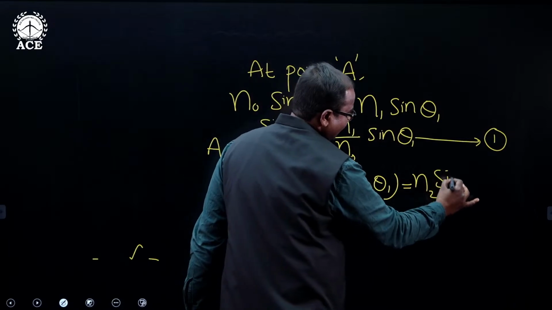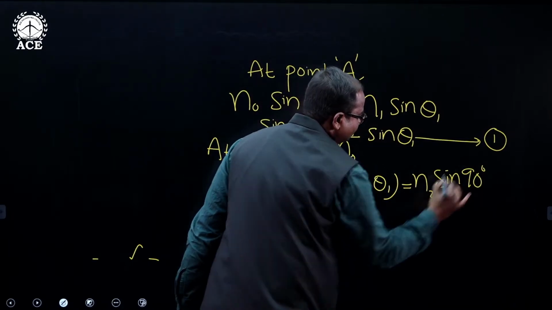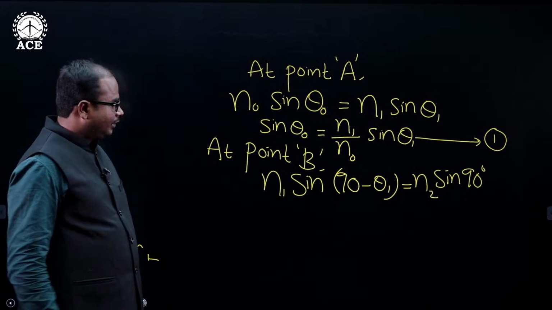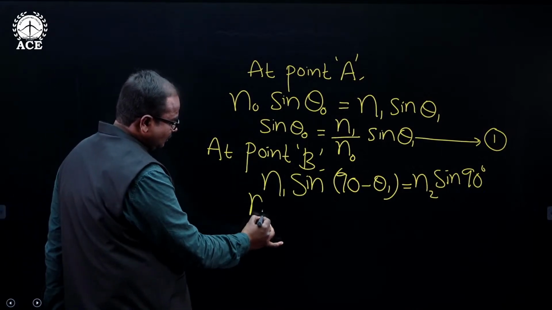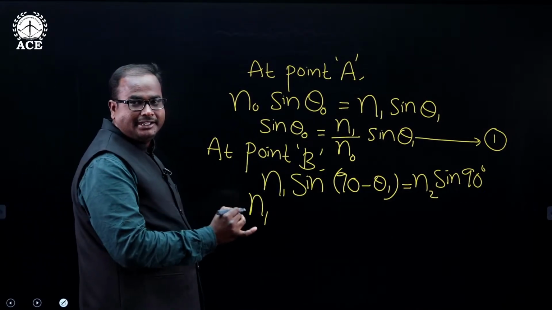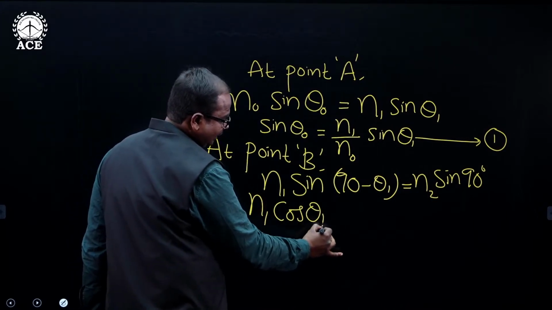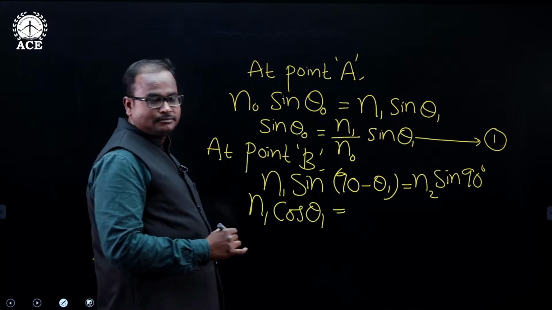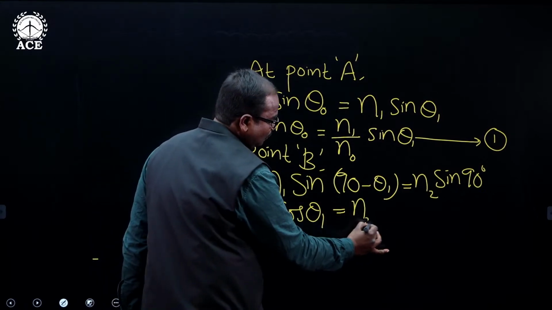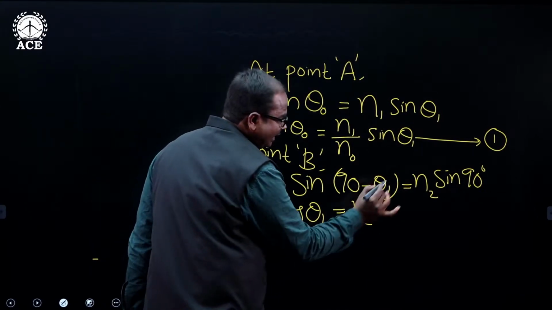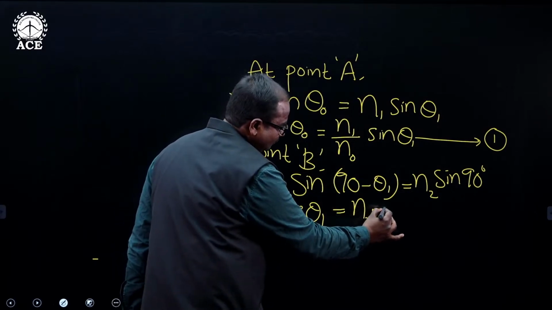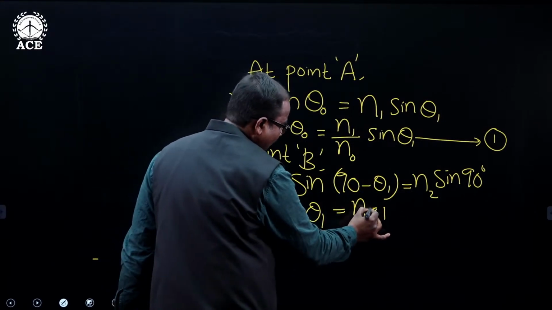That is sine 90. N1 sine of 90 minus theta is N1 cos theta 1, which is equal to N2 into sine 90. Sine 90 value is 1.